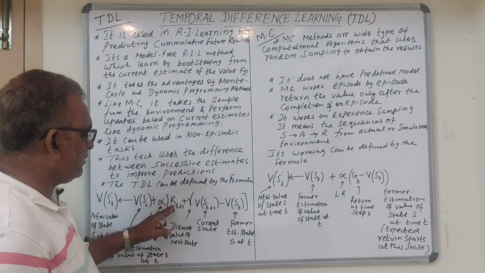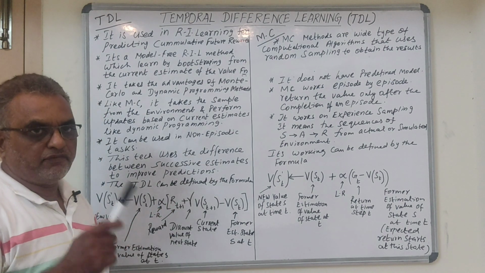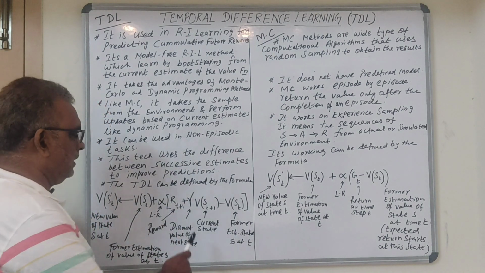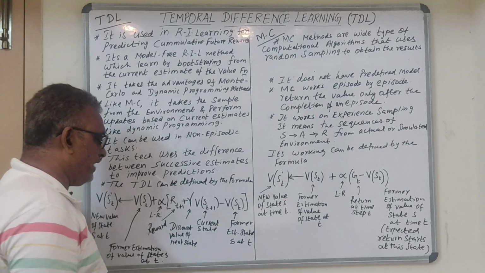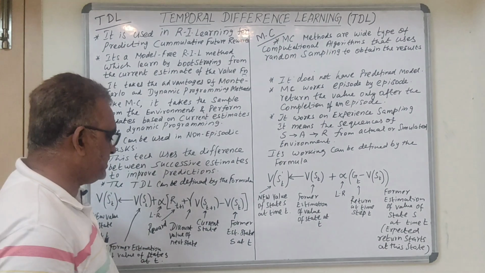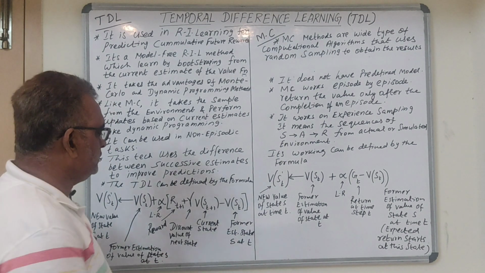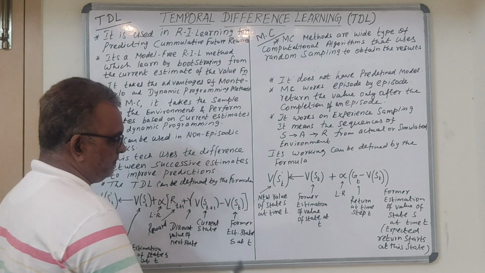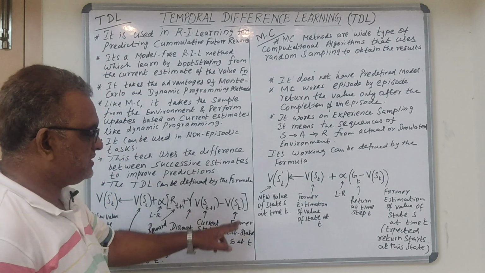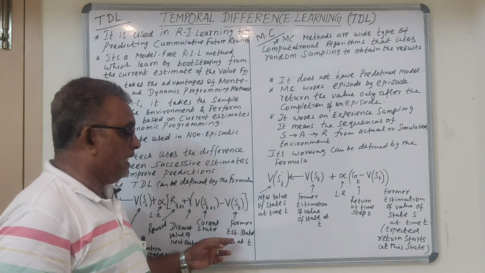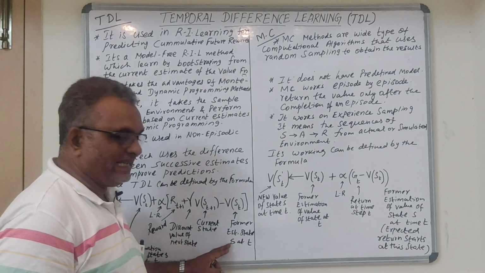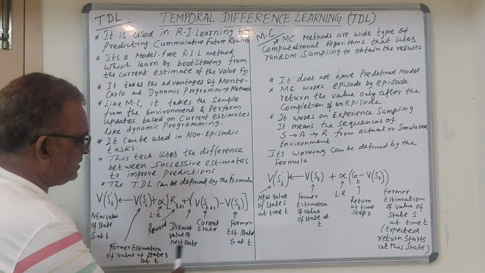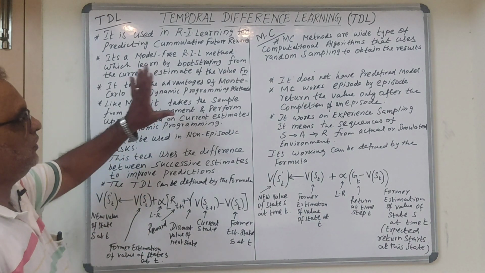Similarly, R t plus 1 is the reward value at time t plus 1, and gamma is the discount value for the next state or the future value. V of st plus 1 is the current state, minus V of st, the former estimation of state S at time t. So using this formula, the TDL works.